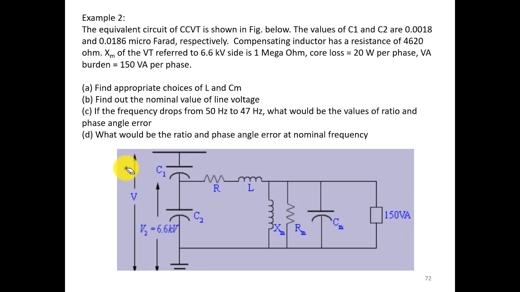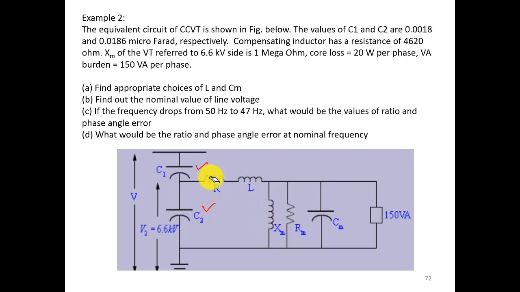Okay, this is the figure given here. This is the CCVT given to us, that is C1 and C2 is given here, C1, C2, and RL is given, and we are considering here the exact equivalent circuit.